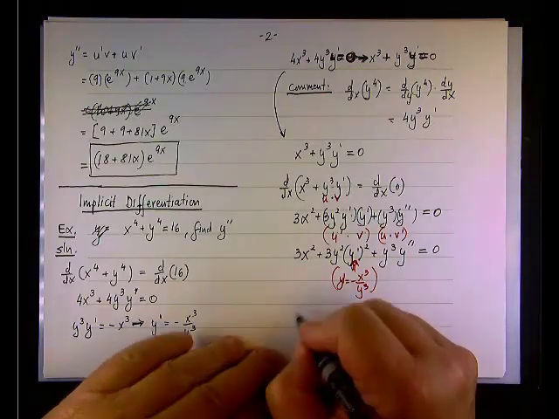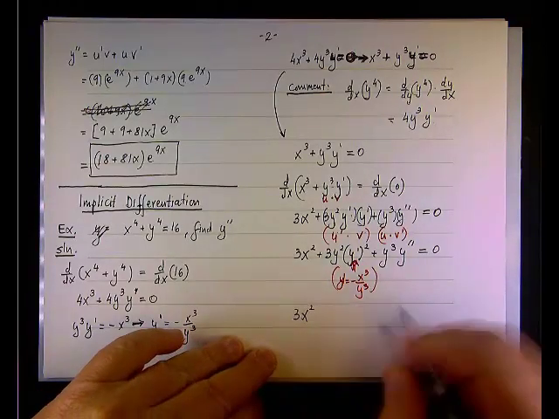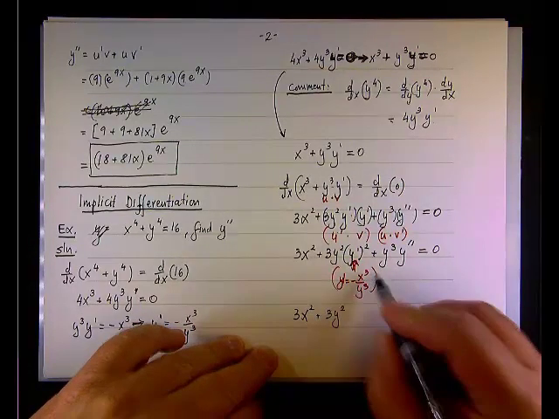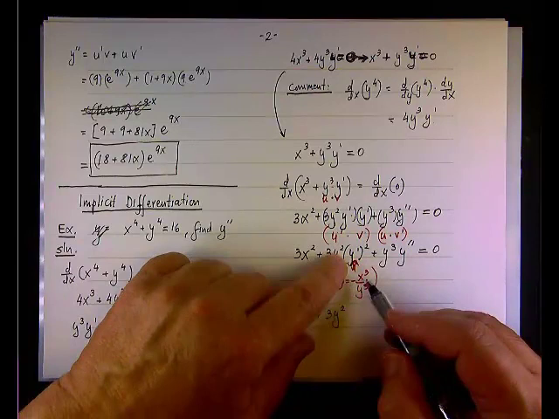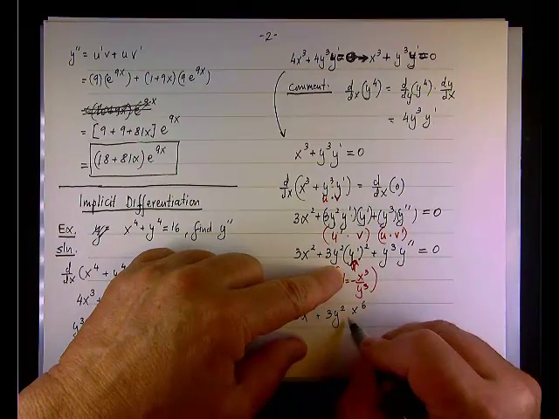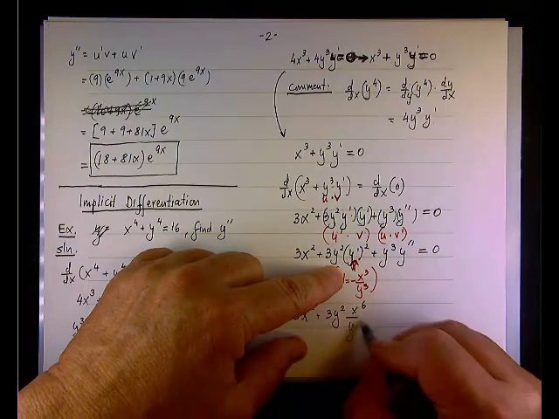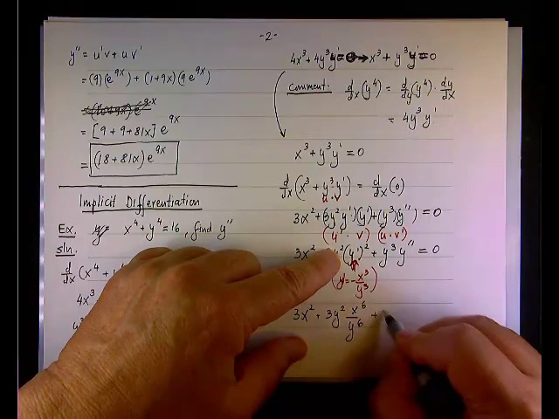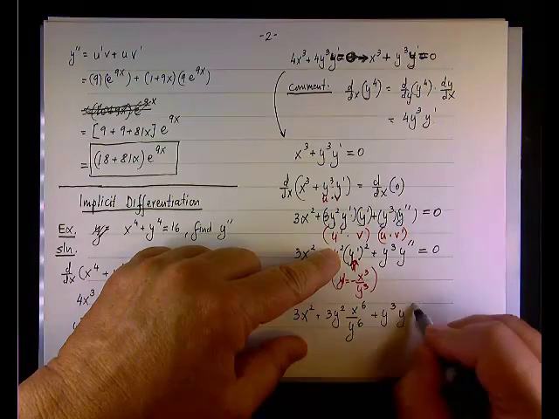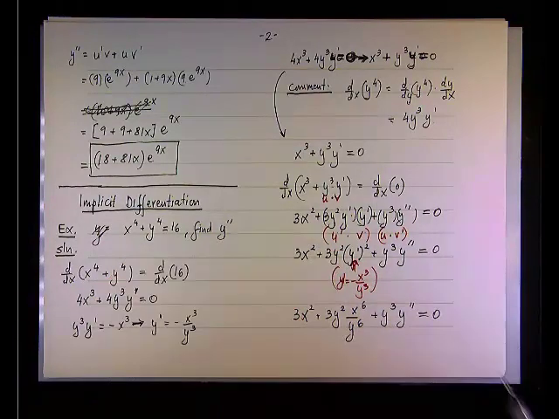After the substitution, we have 3x squared plus 3y squared, and then we squared, so we lose the negative, and the square of x cubed, of course, is x to the 6, and then y to the 6, plus y cubed times y double prime equals 0.